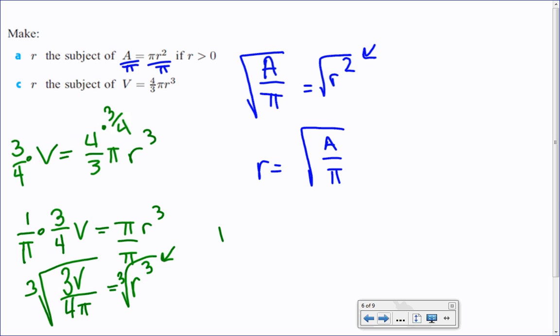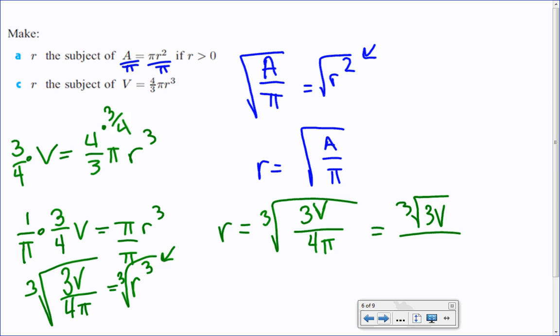Okay, so then we get r is equal to the cube root of 3v over 4 pi. Okay, and then again, you can write this as the cube root of 3v over the cube root of 4 pi, if you like. But this answer is just great too. So either way.